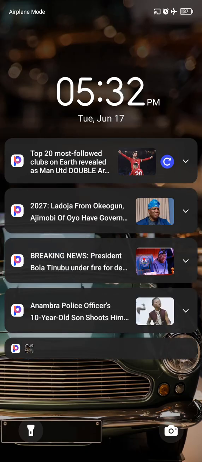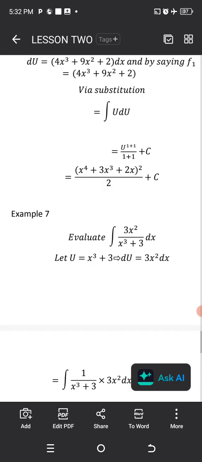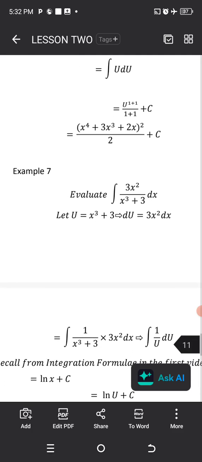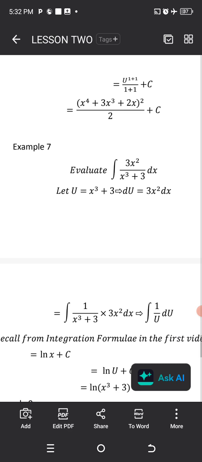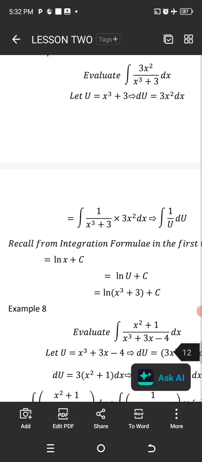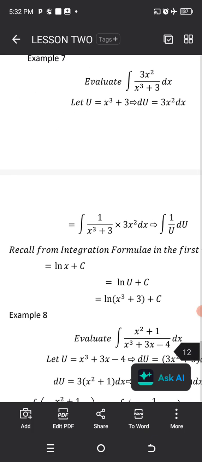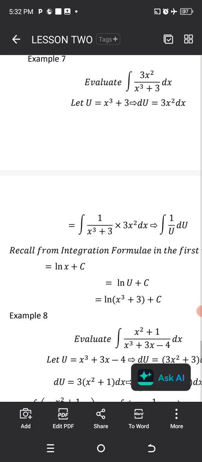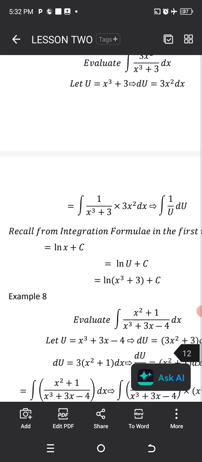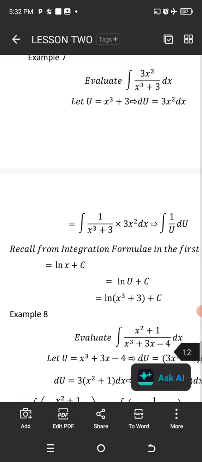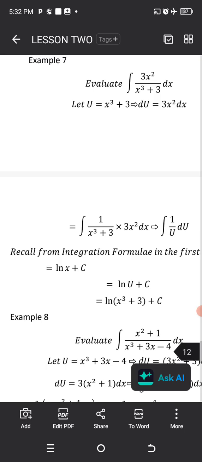After differentiation, we have du equals 3x raised to power 2 dx. So du over 3 equals x squared dx. Then you substitute, replacing du with 3x squared dx, and we have 1 over u du.